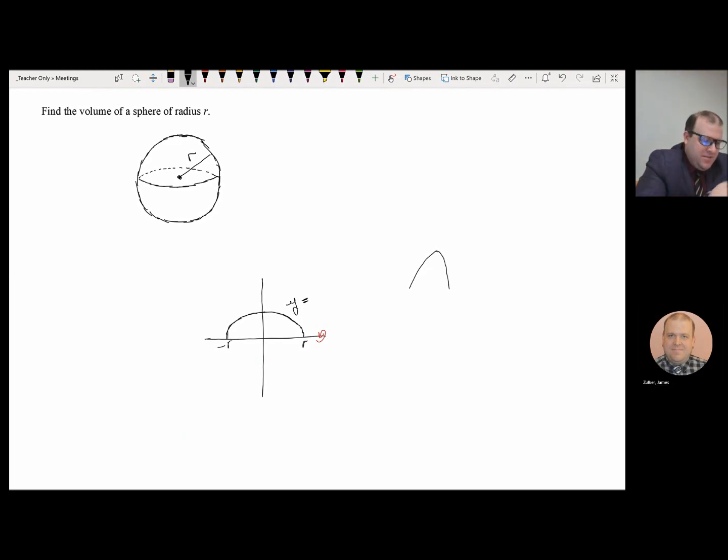Is it the square root of r squared minus x squared? The square root of r squared minus x squared for an upper semicircle, because the lower semicircle will be negative square root of r squared minus x squared.